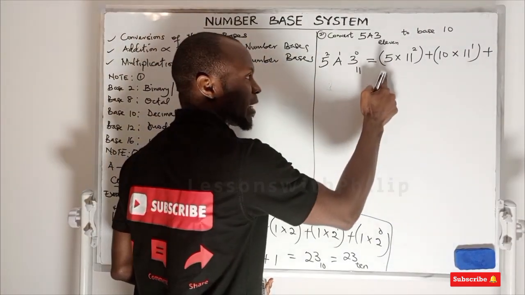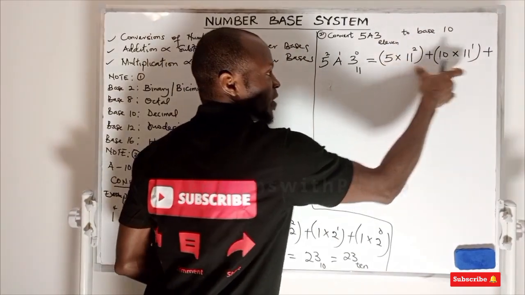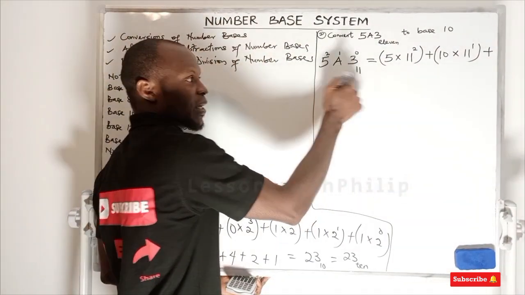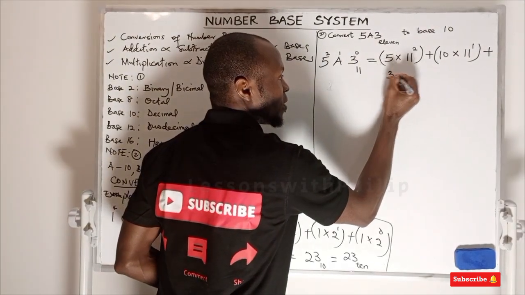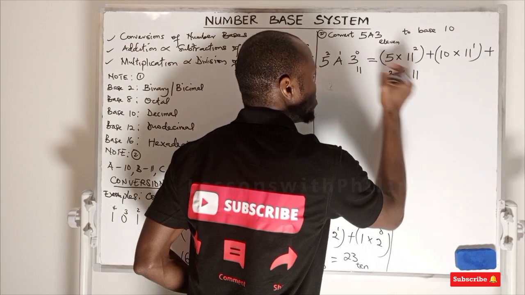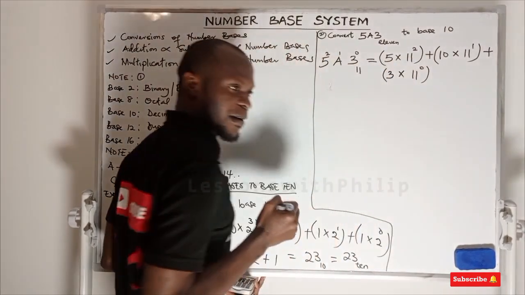I'm writing it under this place. Okay? Because the continuation is for this, not for this. Okay? Now, the last one is 3. 3 multiplied by, what is the base? 11 base 0. Okay? And that is the final.